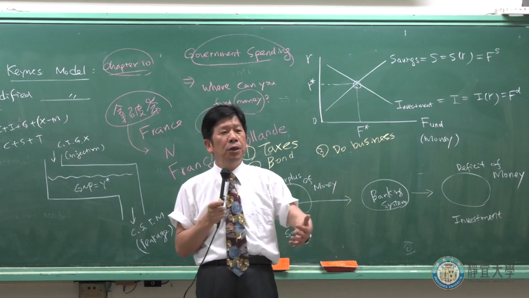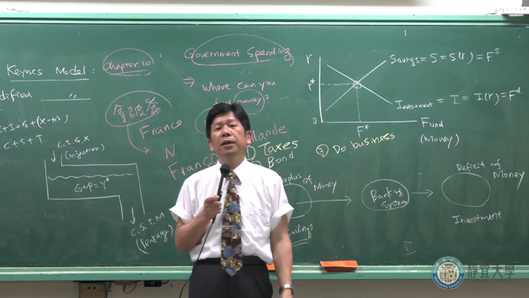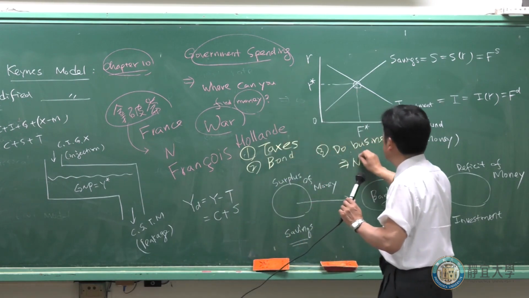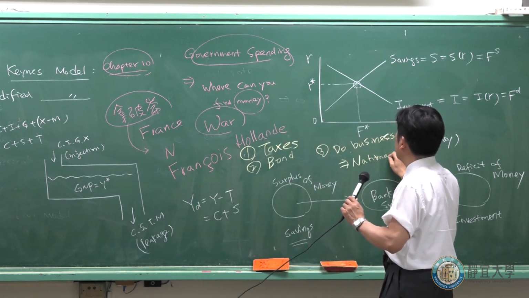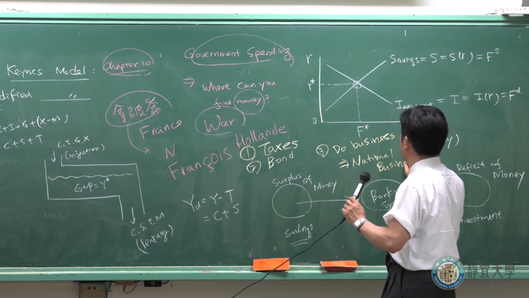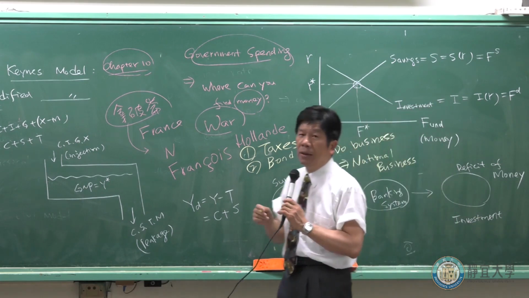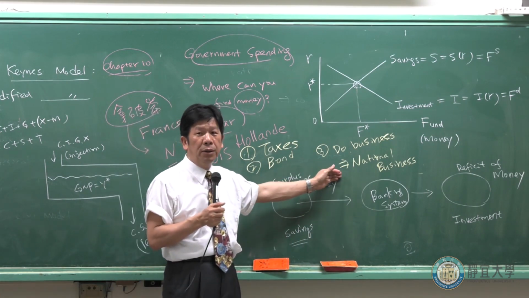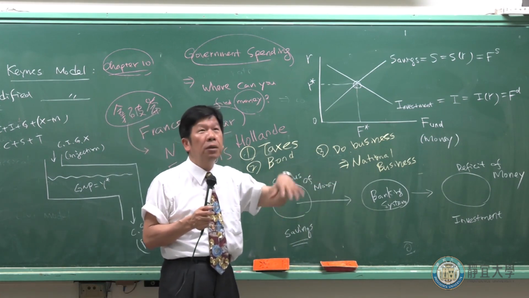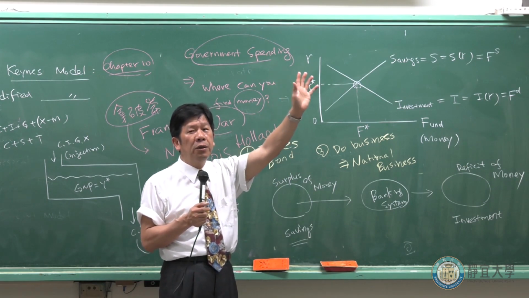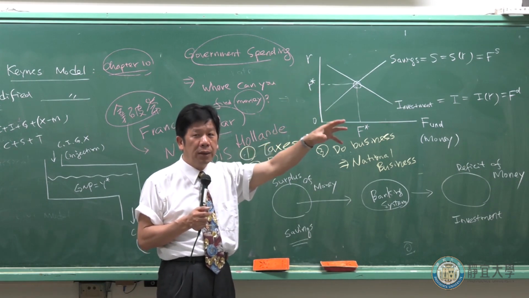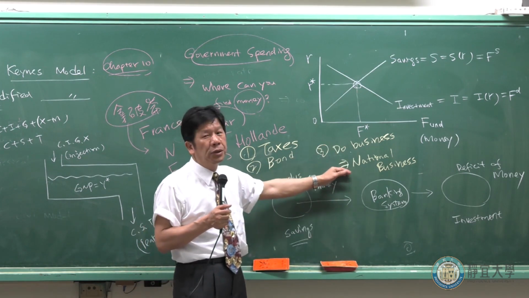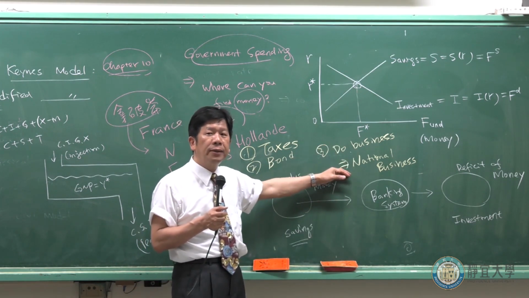So in your country, do you have any national business? Like in Taiwan, the power, oil, water, or gas. This business is always controlled by the government sector.